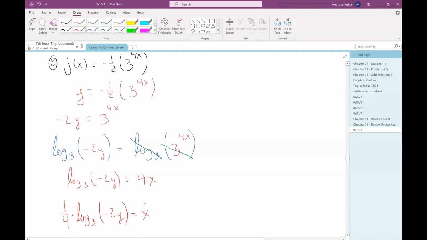Is it over everything? Is it over the stuff inside the parentheses? If you do it this way, it's completely unambiguous. And now we switch the variables and rewrite it in function notation: 1/4 log base 3 of negative 2x.